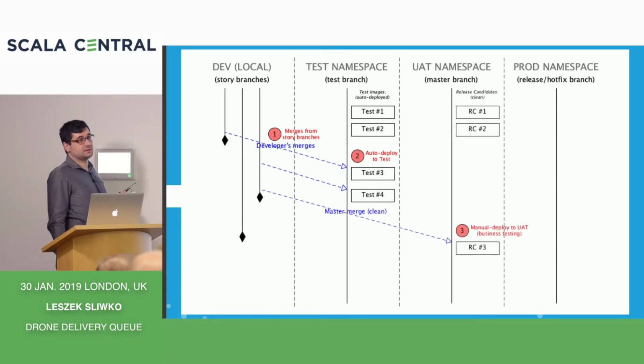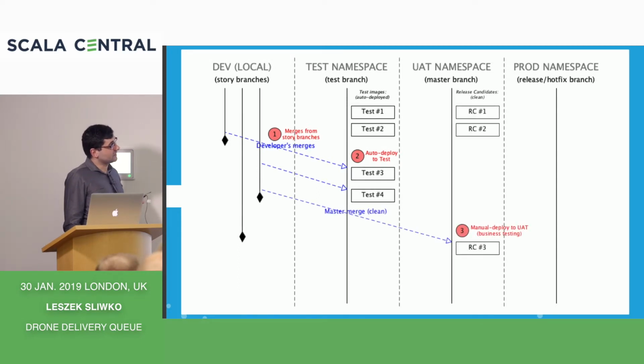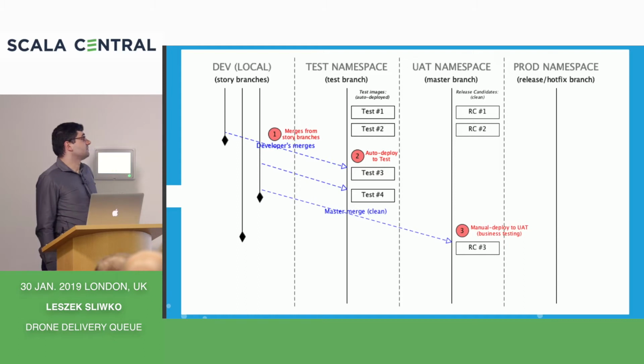However, for the next step, we're merging the same branch into a clean branch, called the master branch. Why? This system is integrated with many other systems, and we had difficulties running a secure testing environment for that. Therefore, our test branch is dirty.